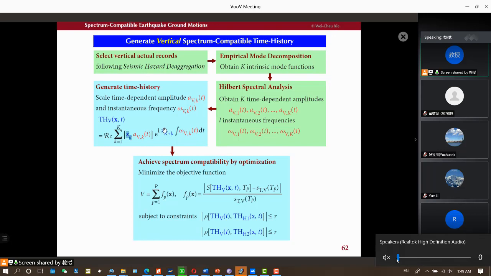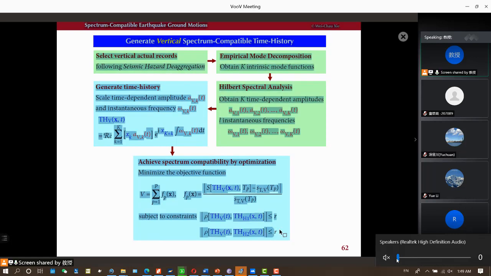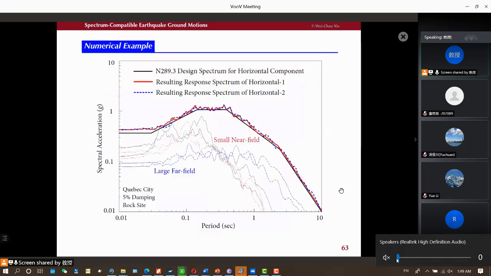We select 6 real earthquakes, 2 large far-field earthquakes and 4 small near-field earthquakes. Okay, so these are the real earthquakes, and the 2 pink are the large far-field, and the top 4 are small near-field.